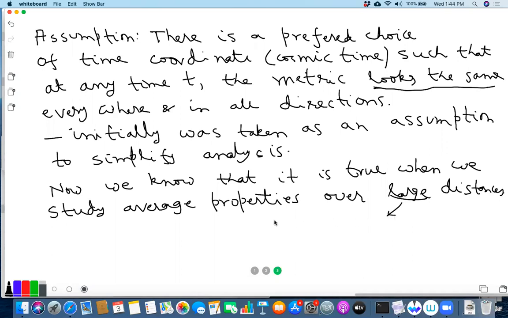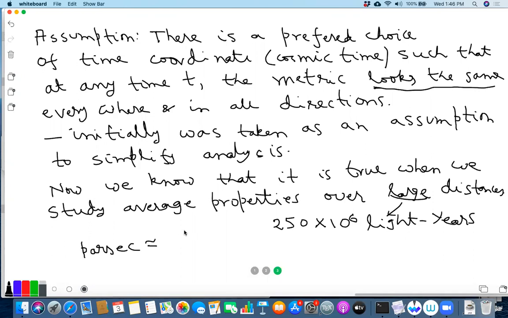Okay. Experimentally, one finds that it's of the order of 250 million light years. Okay. That if you look at distance scales above that, above 250 times 10 to the 6 light years, then roughly the average properties of the universe look the same. Okay, so the average metric looks the same everywhere and in all directions. Okay. And this is a good time also to introduce a new unit of length, parsec. Okay.